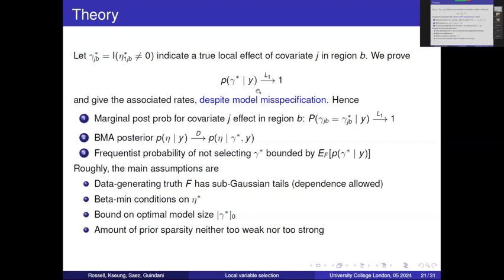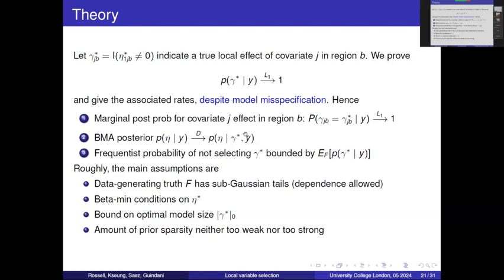What we would like to show is that as the sample size goes to infinity, the posterior probability assigned to the correct model, meaning the correct configuration of local effects as it corresponds to the truth, converges to 1. In this case, we prove L1 convergence, and I'll explain why. We give convergence, we give the associated rates, we account for model misspecification, and there are a bunch of nice properties that come out of this.